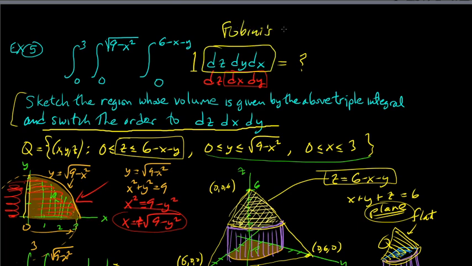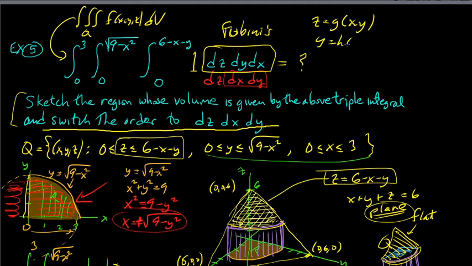When I talked about how to change a triple integral, although f is 1 here, to an iterated integral, you use Fubini's theorem. But this depended on z being a function of x and y, y being some function of x, and then x just varying between two numbers, like x is between a and b, for example.